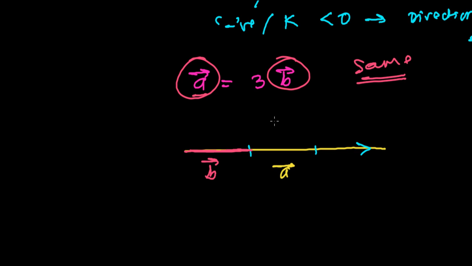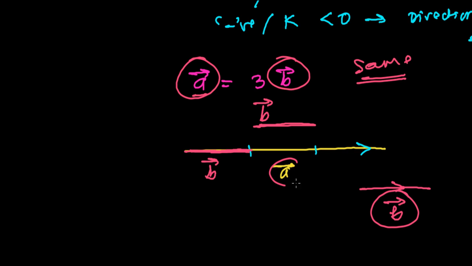But my brother, you may ask me, hey Anil, why can B be only here? Can't B be a little far, here like this? And I will say yes, B can be a little far also. It doesn't mean that B should be on this line only. It can be anywhere, but always keep in mind both B and A will be in the same direction.